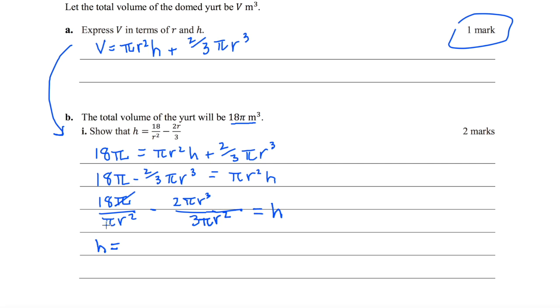All right, the pi's cancel out, so we're left with 18 on r squared. And then here we get the pi's cancelling out, so it's going to be minus 2 on 3. And we're going to have r cubed on r squared, so that's going to be 2r on top. And that is as required.